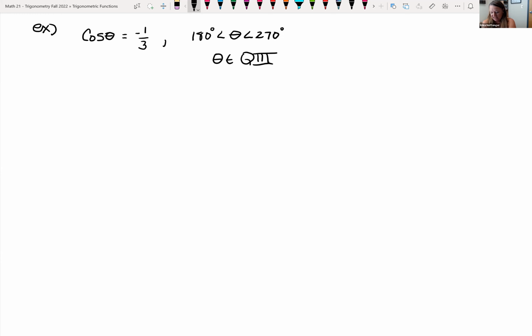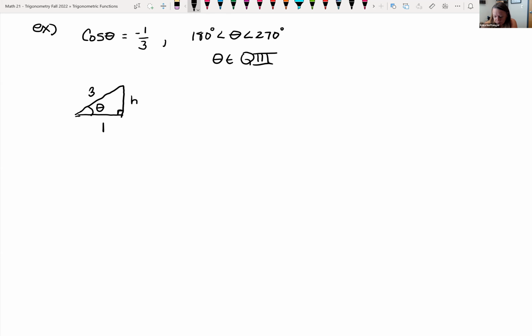So when I'm doing these, I kind of ignore my sign and I create my triangle. And so I know that if I had a right triangle and I put theta here, and I know cosine is adjacent over hypotenuse, so the adjacent side of my theta would be down here, 1, hypotenuse would be 3. And so I could find my remaining side by using the Pythagorean theorem.